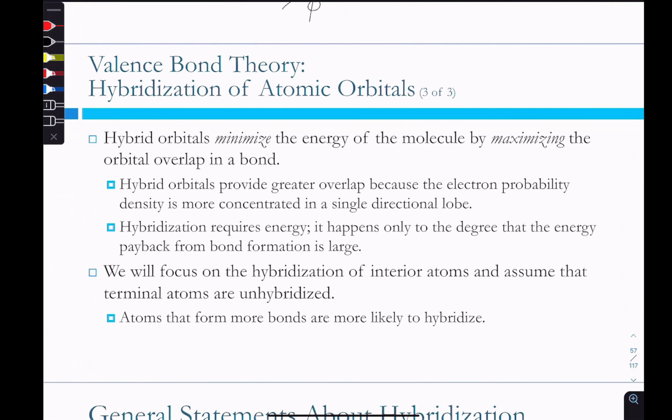Here's where we were. This will only happen to the degree that the energy payback from the bond formation is large. If that's a favorable bond to form, then you'll get more hybridization, like we see with the carbon, where we get almost exactly a tetrahedral, exactly 109.5.